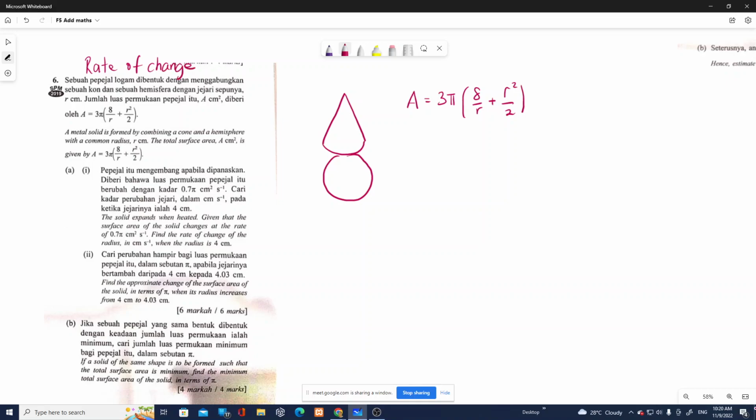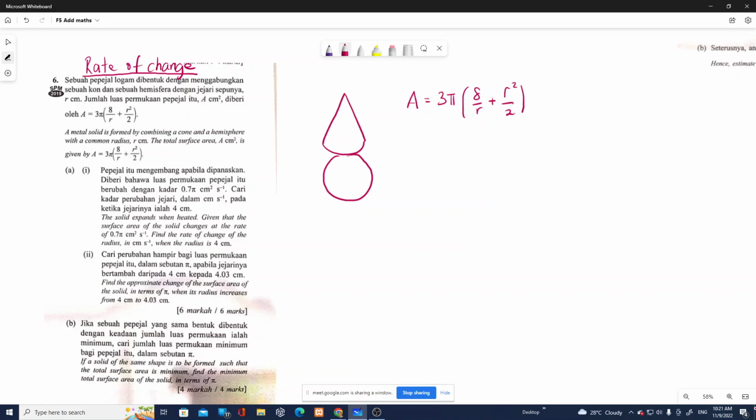Have you learned rate of change? Is it something about dv over dt? Yeah, something like that. So now the information is the surface area changes at the rate of 0.7 pi.